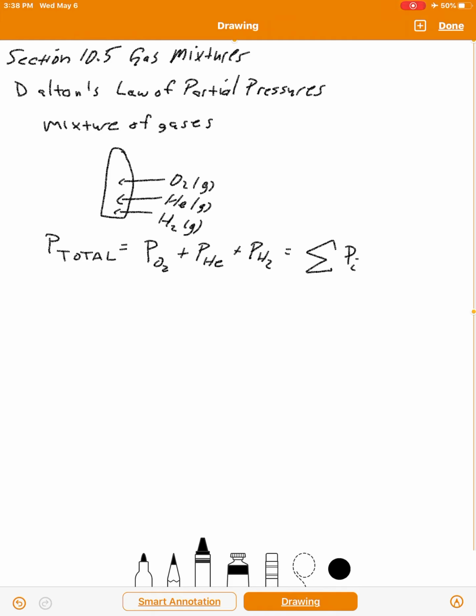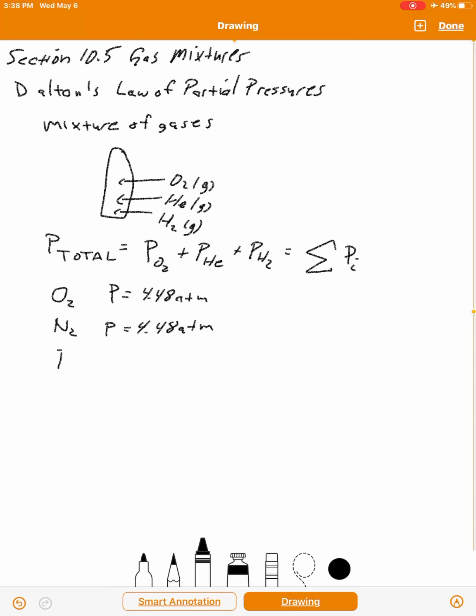So let's say, for example, that we have 2 gases. Let's say that we have oxygen and nitrogen. They're both gases. And the pressure of the oxygen is 4.48 atmospheres. And the pressure of the nitrogen is the same.